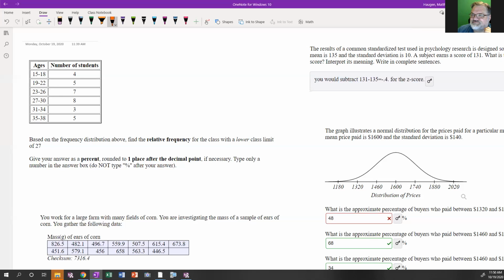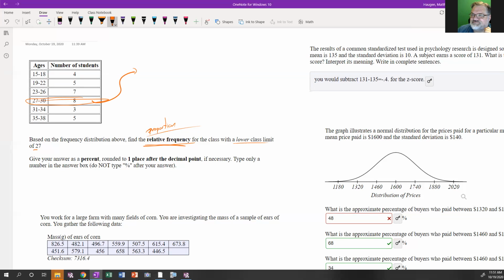Based on the frequency distribution, find the relative frequency. So that's a proportion for a class with a lower class limit of 27. So we go up here and look for a lower class limit of 27. That's this class. We're asked for the relative frequency of that class.